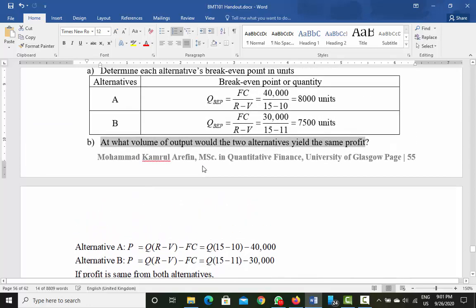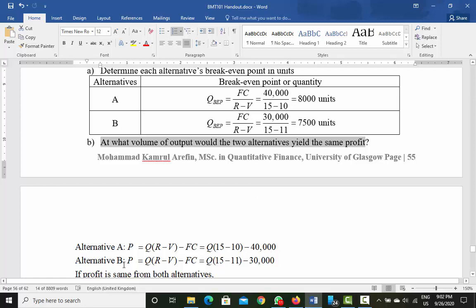Here we don't know the value of Q. We need to find the volume of output, that means the value of Q, for which alternative A and alternative B will give us the same profit. For alternative A, R is 15 and V is 10, minus fixed cost of $40,000.